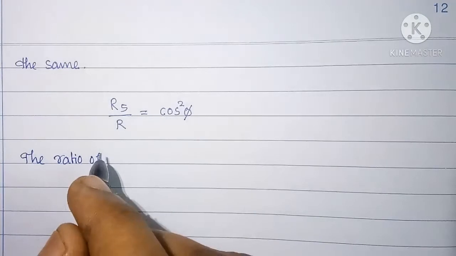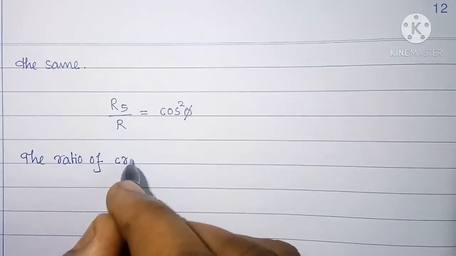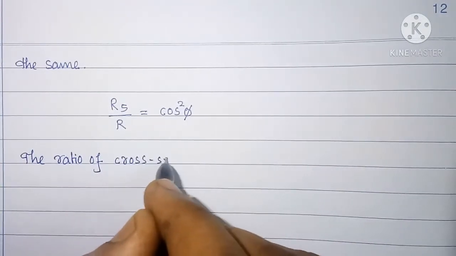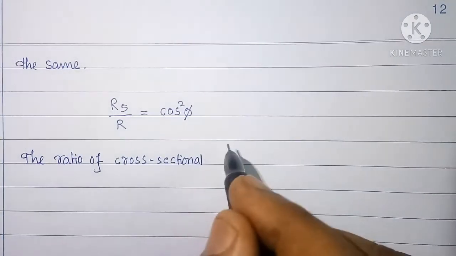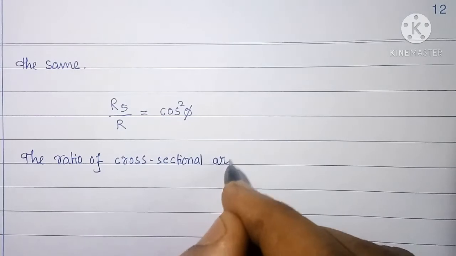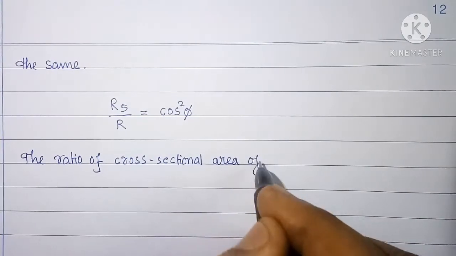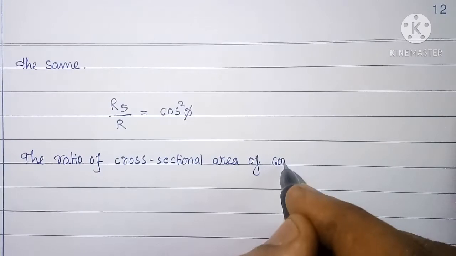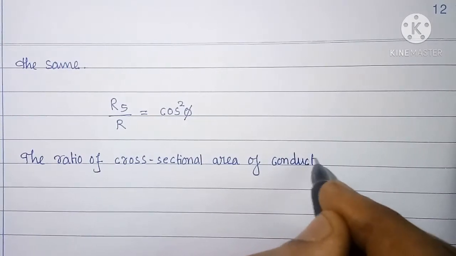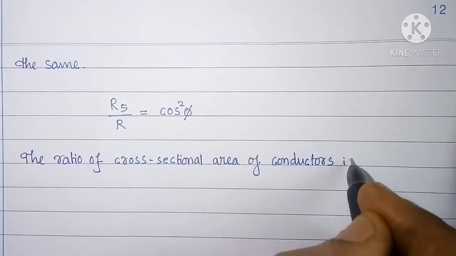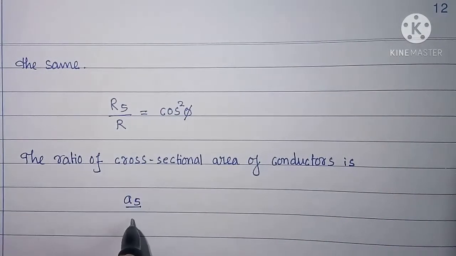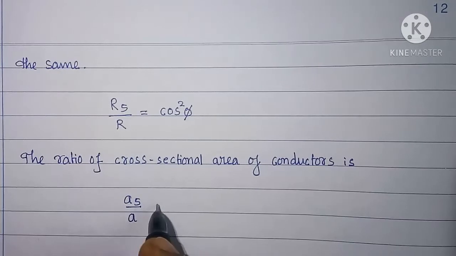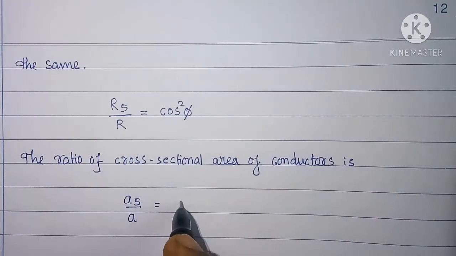The ratio of cross-sectional area of conductors is A phi by A equal to 1 by cos square phi.